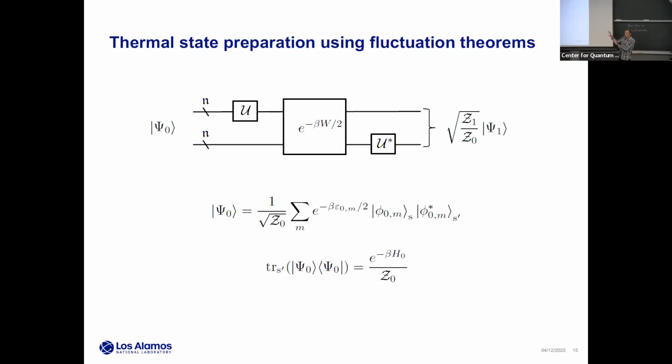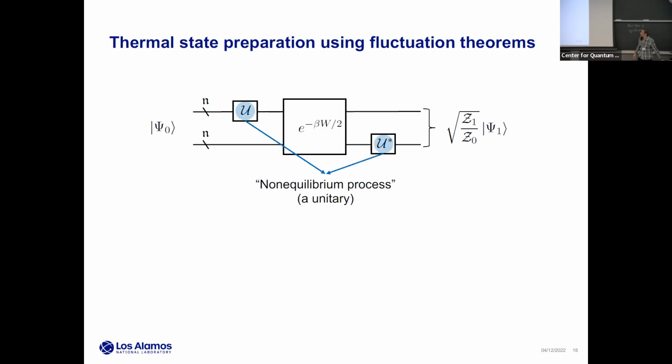So this is the picture representation of the quantum algorithm. We start with the purification of the thermal state of the initial Hamiltonian H0, given here. We act on one of the registers with a non-equilibrium process U, which is an arbitrary unitary.